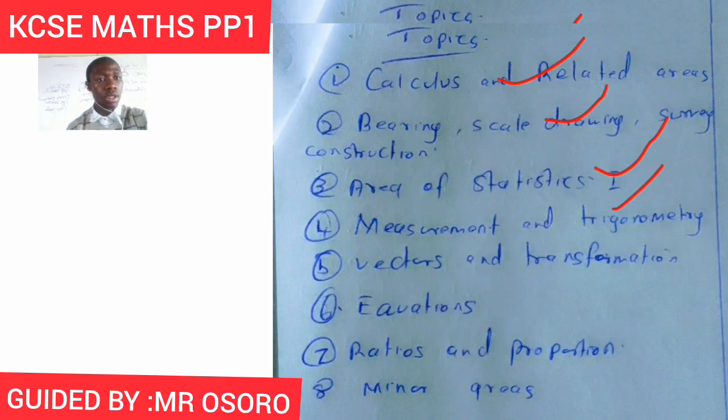The next thematic area in KCSE paper 1 is called vectors and transformation. Under vectors, you need to know things like position vector.